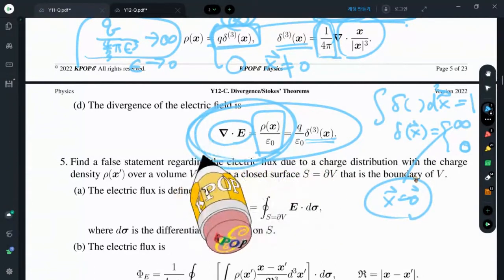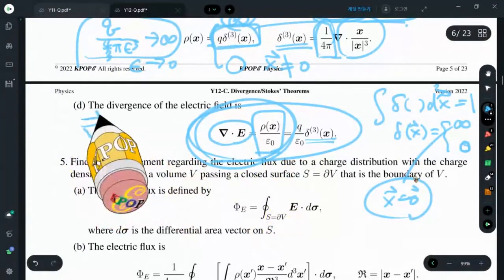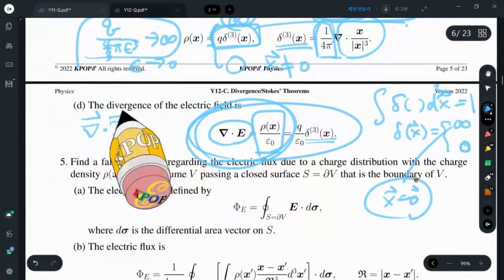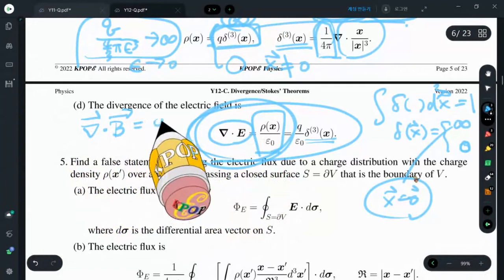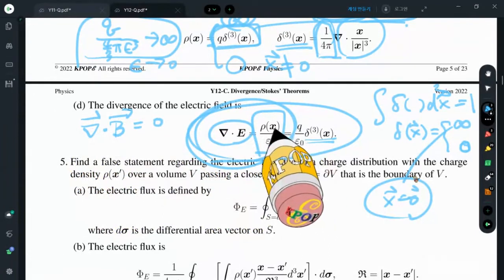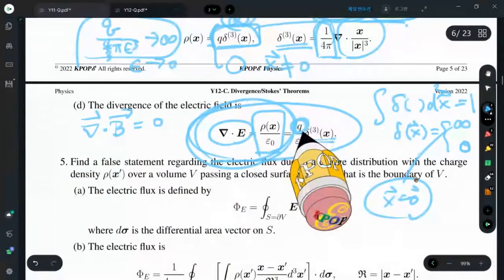In a similar manner, I can replace this electric field by the magnetic field, and Gauss's law for the magnetic field is exactly 0.